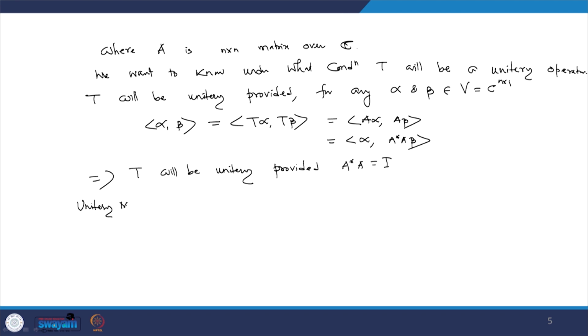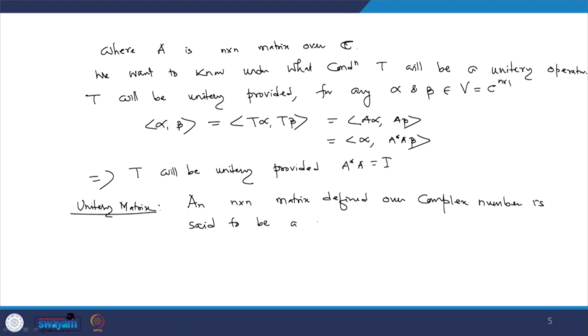Unitary matrix: an n cross n matrix defined over complex numbers is said to be a unitary matrix provided A star A equal to identity.